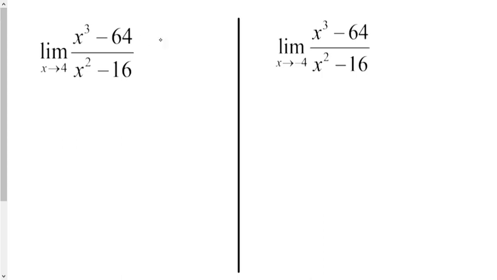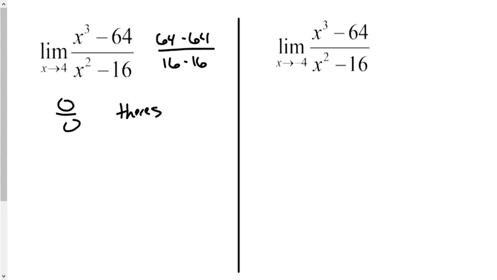If I put a 4 in, I get 4 cubed, that's 64, minus 64, over 4 squared, that's 16, minus 16. I get 0 over 0. And so what that tells me is there's a hole. I've got a hole here at this graph.